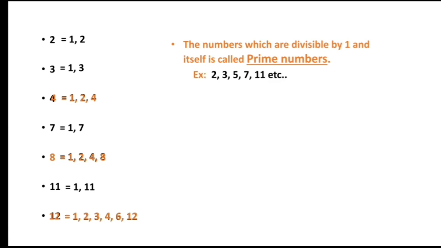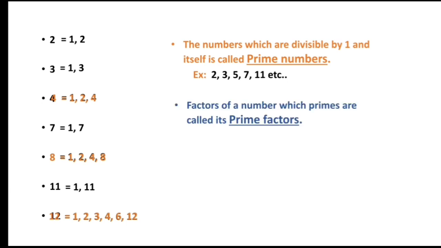Example: 2, 3, 5, 7, 11, etc. 13, 17 are also prime numbers. We get many numbers like this. The factors of these prime numbers are called prime factors.